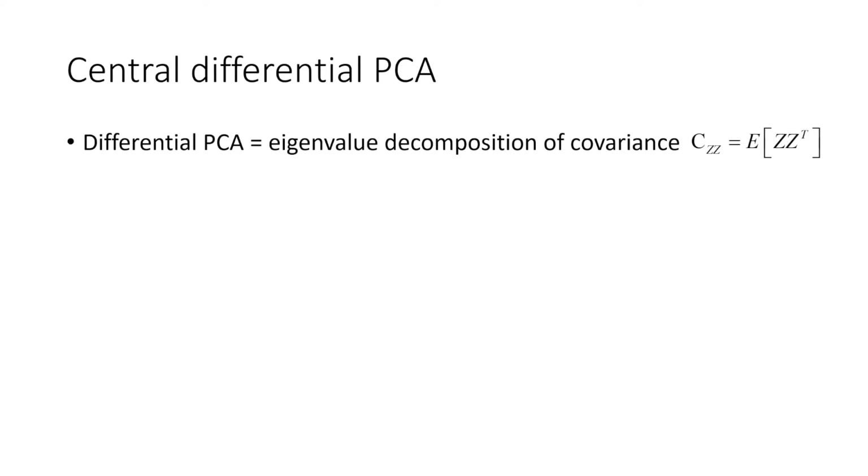Before I hand over to Antoine to conclude the presentation, let me briefly comment on the covariance matrices I kept talking about. Differential PCA is essentially the eigenvalue decomposition of the covariance matrix of Z. Does it mean the second moment expectation of Z Z transposed, as noted on previous slides, or is it the usual central covariance matrix?